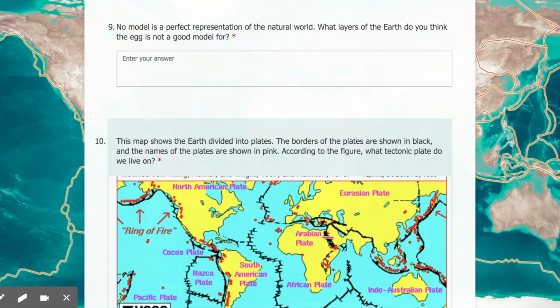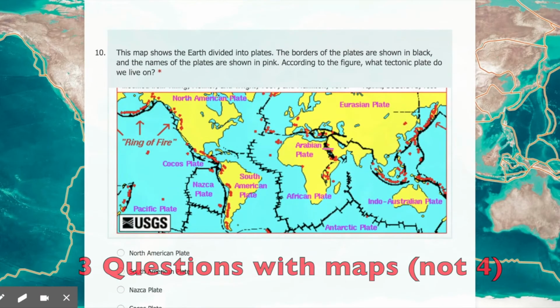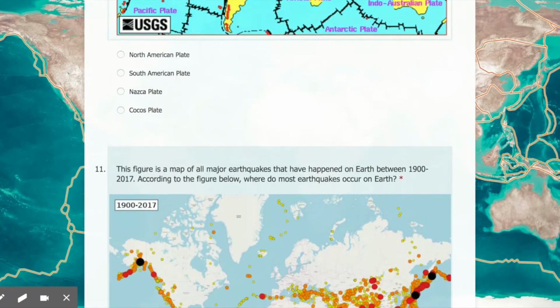After question 9, you have 4 questions that provide you with maps. Here, these maps are serving as models for the Earth. This map shows the Earth divided into plates. The borders of the plates are shown in black, and the names of the plates are shown in pink. So please answer question 10.